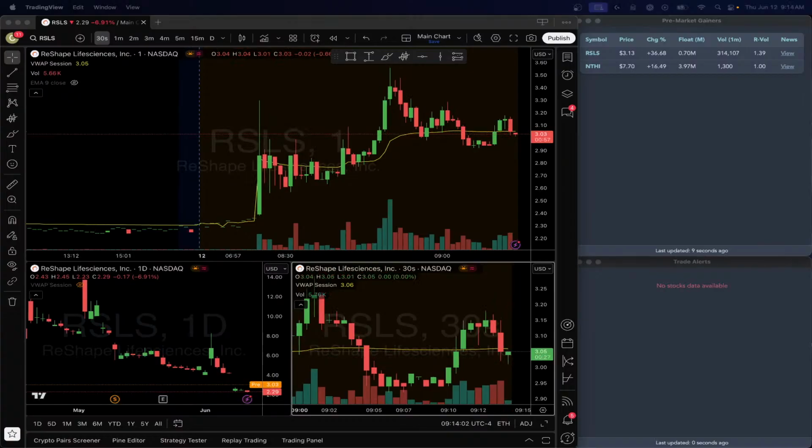And we got heavy volume coming in selling. Can we hold the $3? 15 minutes till the market opens.